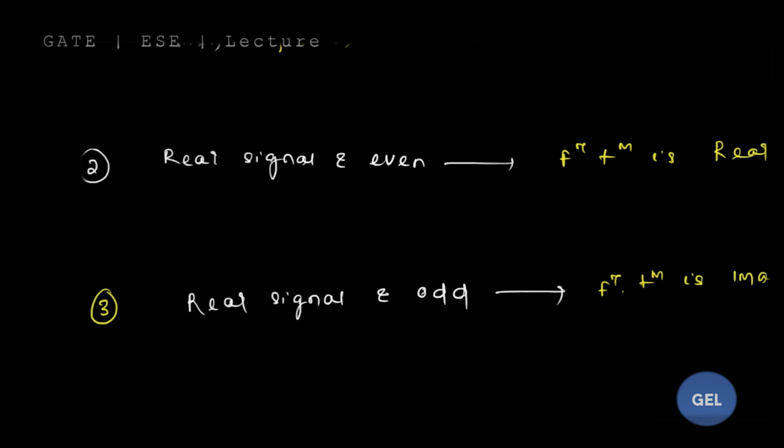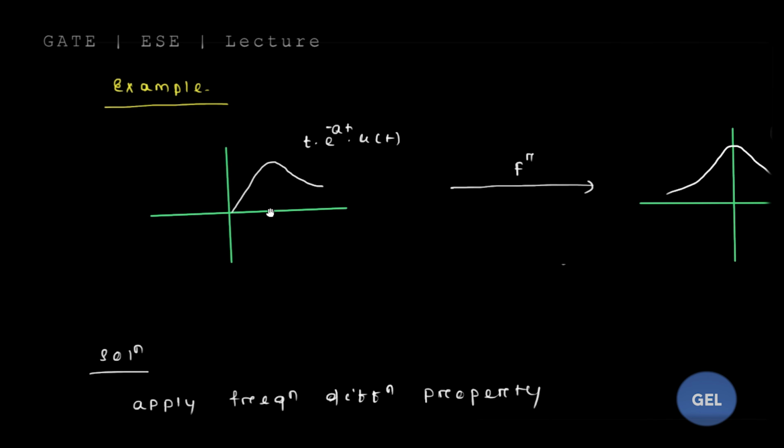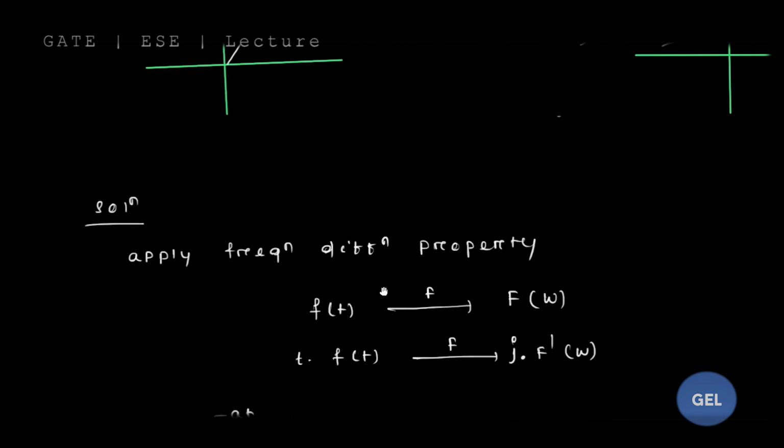Please go through those note points, and at the end we solved a ramp into exponentially decaying signal, the Fourier transform of this very complex looking signal. Complex looking, I don't mean the imaginary kind of complex. It looks very complex, but we solved this question by applying a very simple method, that is the frequency differentiation method. With this, we are done with today's lecture.